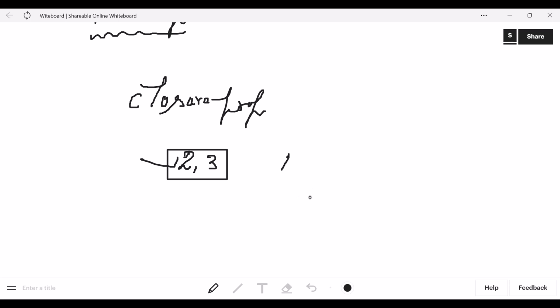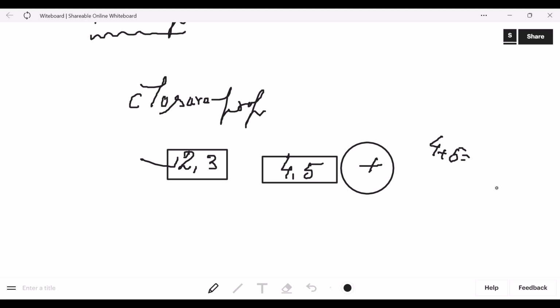Let us say 4 and 5 are two natural numbers, and if I take addition operation, then 4 plus 5 is equal to 9, and 9 is also a natural number.